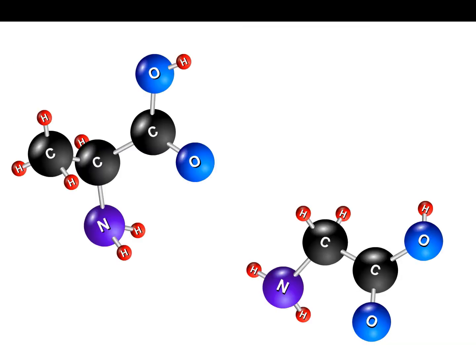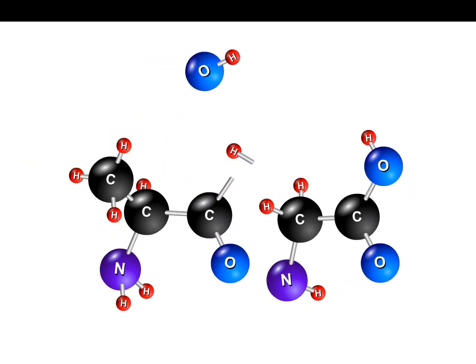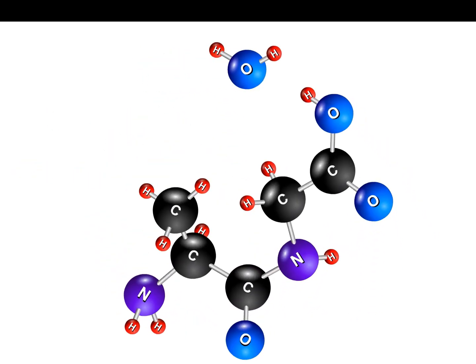2 amino acids create a peptide bond between themselves in a process known as condensation, which involves the amino NH2 group of one amino acid and the carboxyl group of the other one. The products of this process are one molecule of water and a dipeptide.